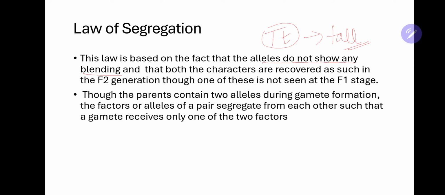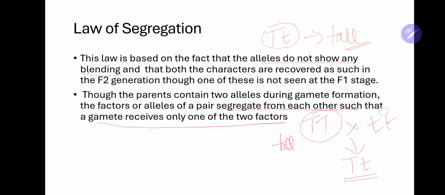Though the parents contained two alleles, during gamete formation those two alleles segregate equally from each other so that the gamete receives only one of the two characters. As you can see, when the tall and the dwarf were crossed, capital T into small t, the offspring got only the character of one of the parents.